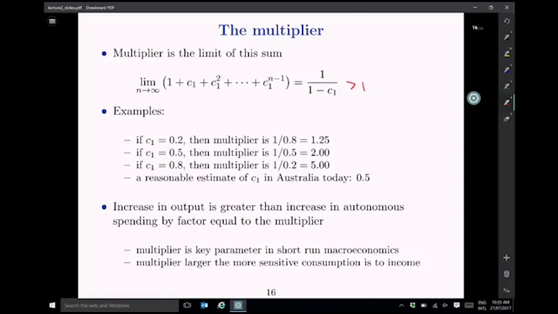That shows that the higher the C1, that is when consumption is very sensitive to income, the lower the denominator, the higher the multiplier, right? When consumption is very sensitive to aggregate income, to disposable income, you have a bigger multiplier. This makes sense, right? When you have an increase in income that triggers a lot of increase in consumption, of course, there will be bigger impact on output. So that's a bigger multiplier.